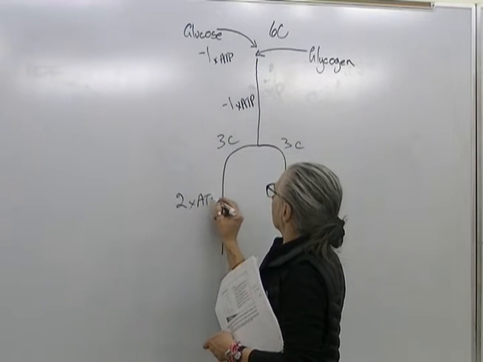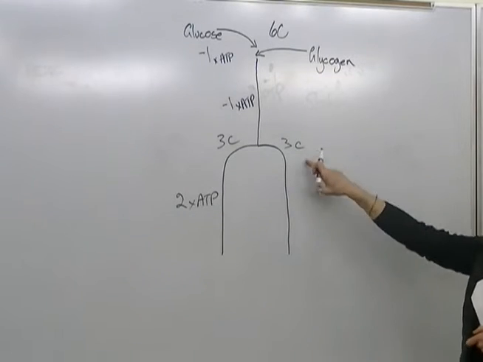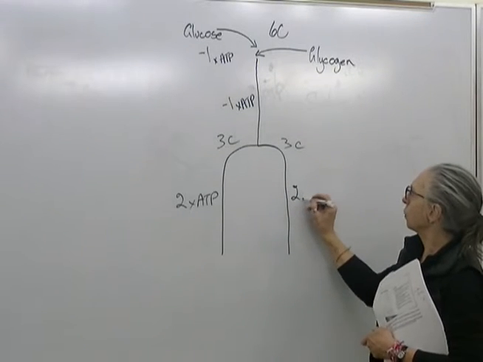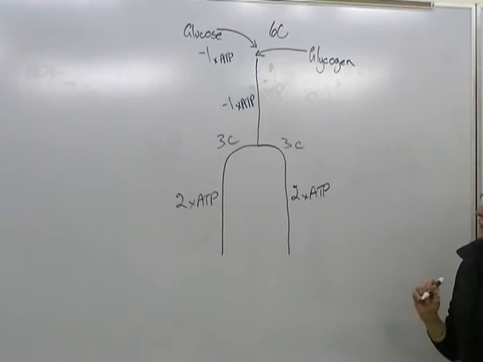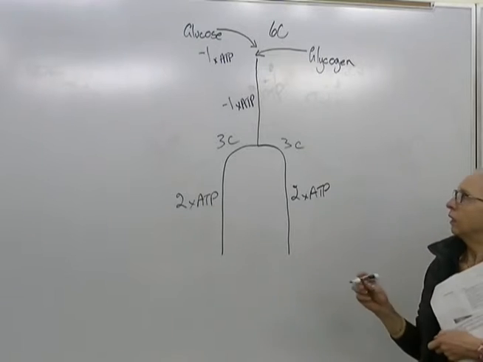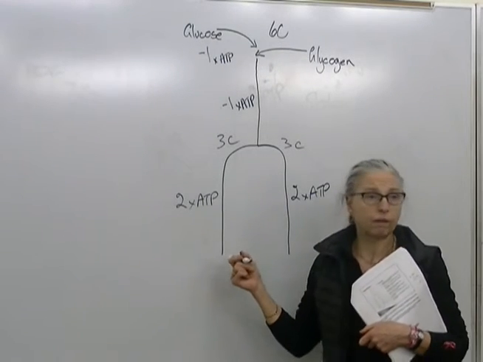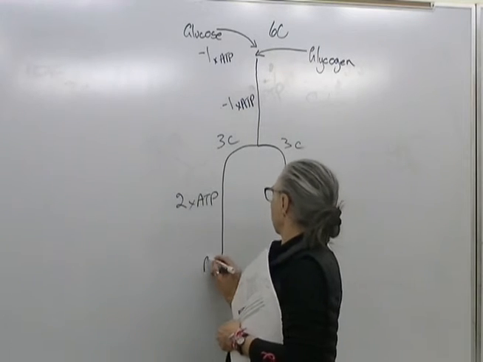One of the 3-carbon molecules produces 2 ATP, the other 3-carbon also produces 2 ATP. What do we end up with at the end of the chain? Pyruvate. Good.